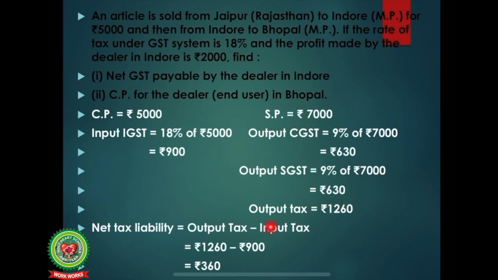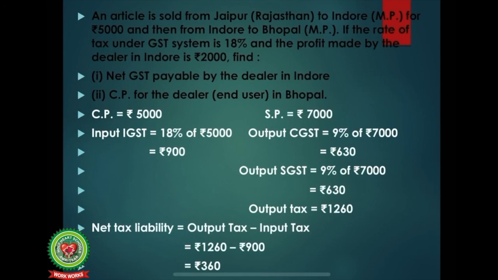So total output tax will be equal to rupees 1,260. So net tax liability will be equal to output tax minus input tax, which is 1,260 minus 900, which comes out to be equal to rupees 360.